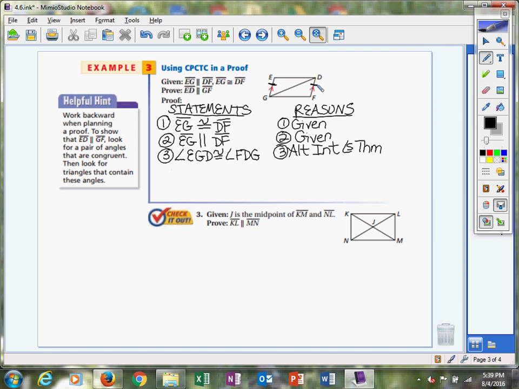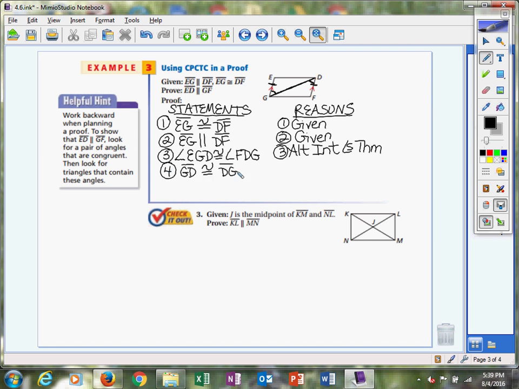EGD, and then FDG. Okay, so the other thing that is really jumping out at me is, do you see that the two triangles share the side? Okay, so what you could do is put down, segment GD is congruent to segment DG.